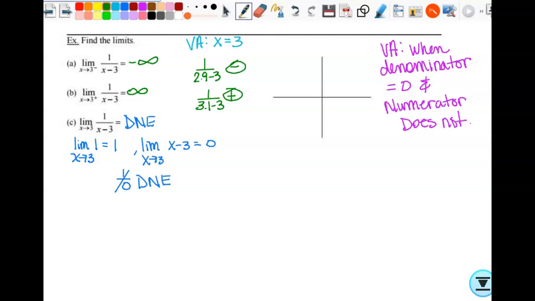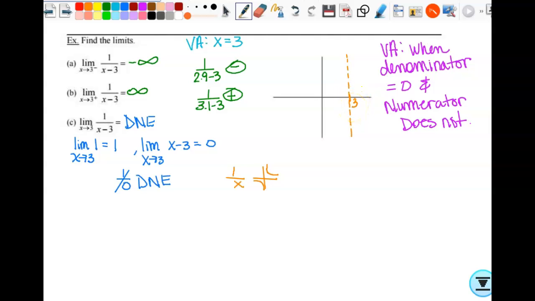The parent function of this graph is 1 over x. And 1 over x looks like this. Remember that? The parent function we looked up. So here we have a shift of 3 in which direction? Where's your asymptote? Positive 3. So here's my asymptote right here at 3.